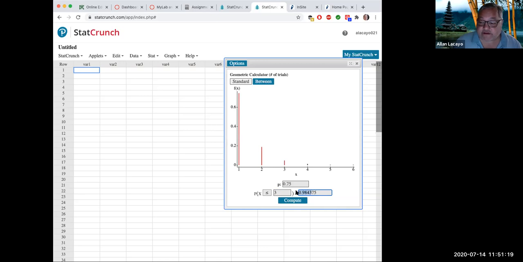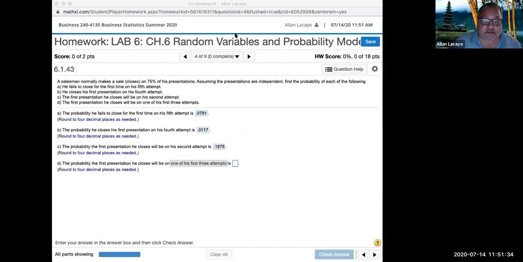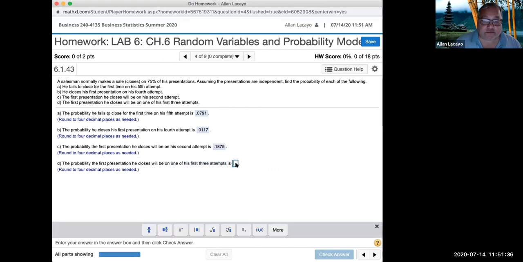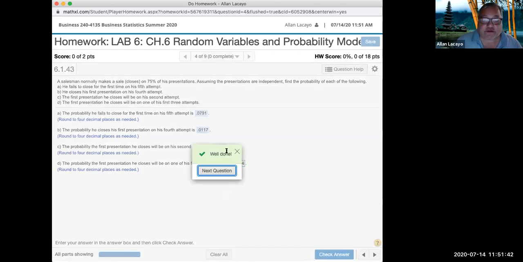And that is a very high probability because it's very likely that I'm going to close my first sale on one of the first 3 attempts, 0.9844. So going back to the problem, I put here 0.9844, and that should also work very well.